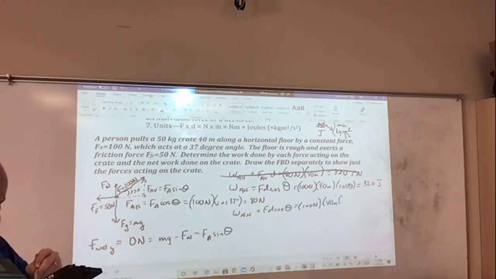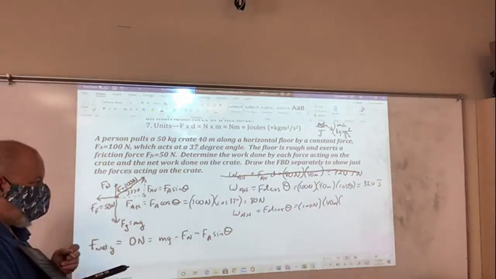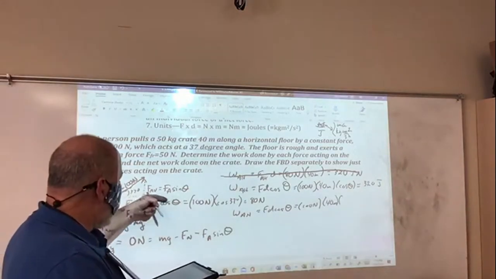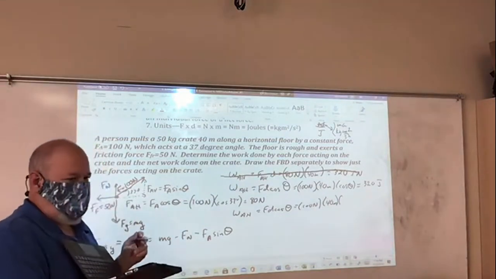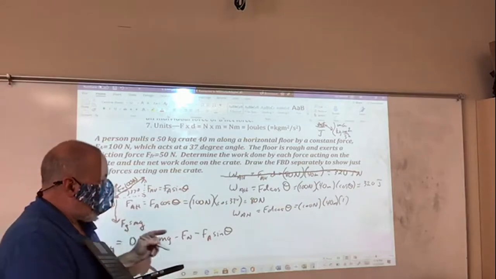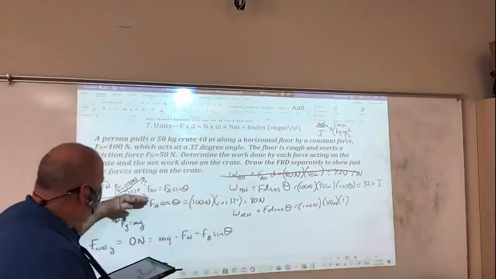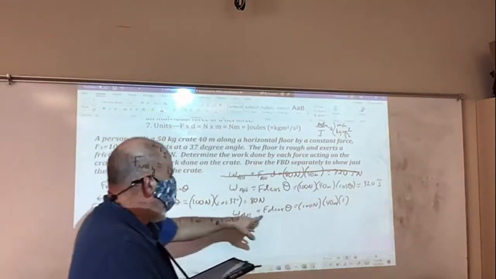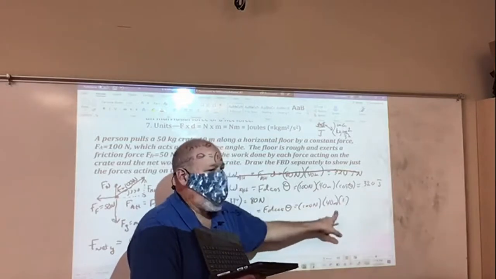What's the cosine of 0 degrees? If all of my force is in the same direction as motion, it's 1. So see how that works? If all of my force is in the direction of motion, cosine of theta is 1, so all of my force counts.